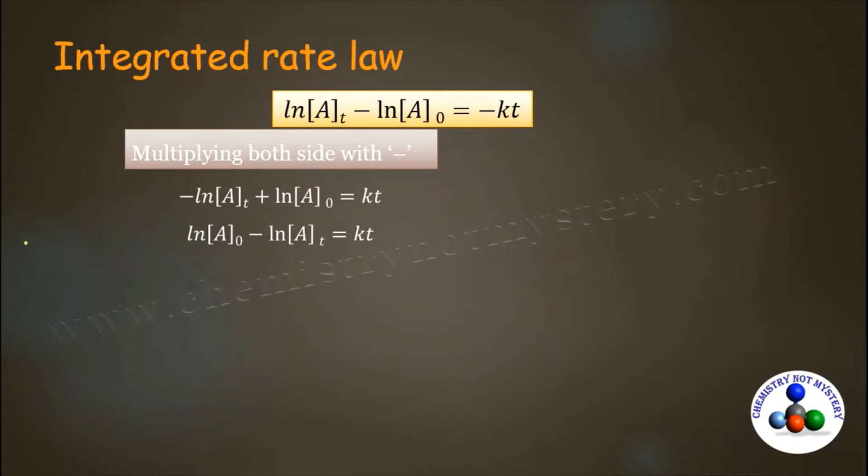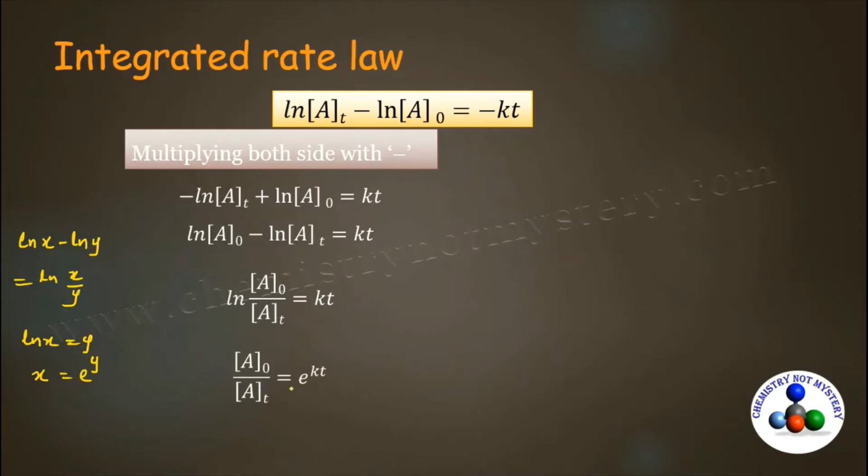We have the formula ln x minus ln y is equal to ln x over y. So we can rewrite this equation as ln A0 over At is equal to kt. We have another formula: if ln x is equal to y, it can be written as x is equal to e raised to y. So we can rewrite this equation as A0 over At is equal to e raised to kt. So this is another form of integrated rate law.